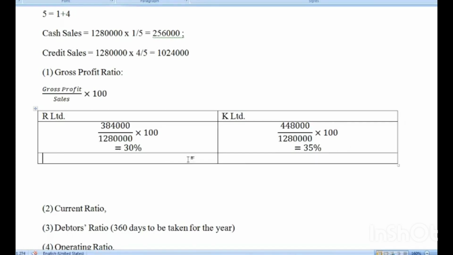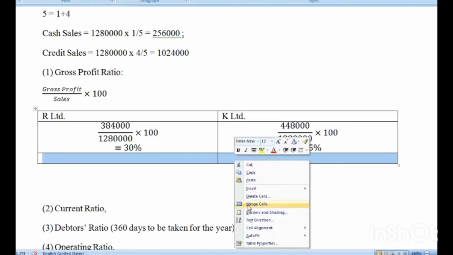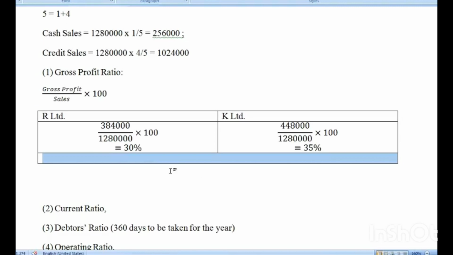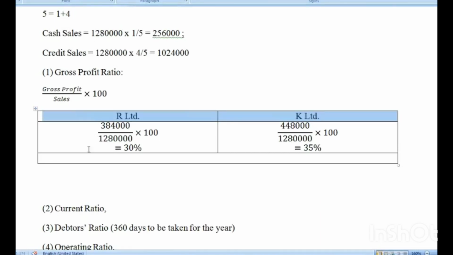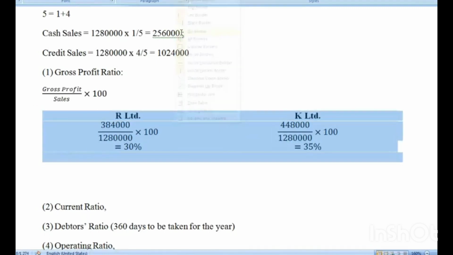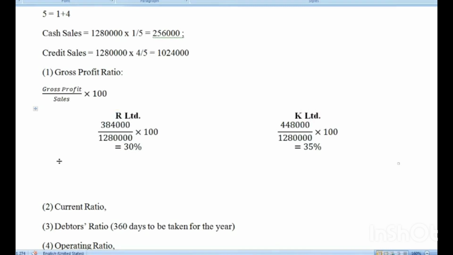Okay. Now tell me, which company's profitability is better, R Limited or K Limited? K Limited is better. The reason is K Limited's gross profit is high.